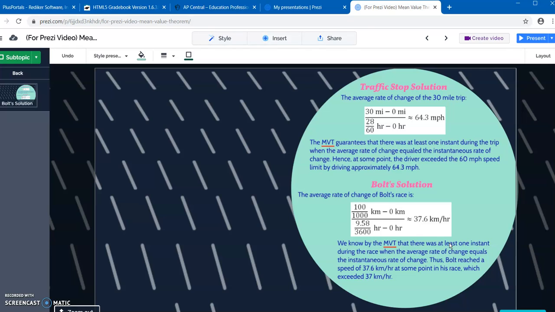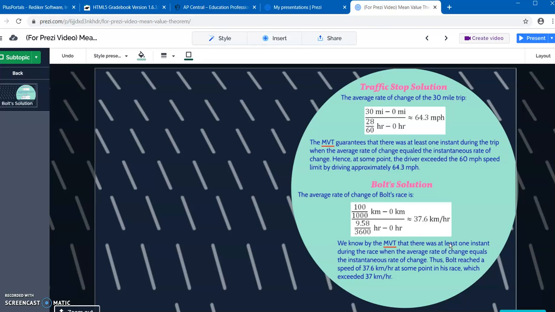Also, we have Usain Bolt's solution here. The average rate of change of Bolt's race is given as below. We convert values into kilometers and hours, which gives us 37.6 kilometers per hour.